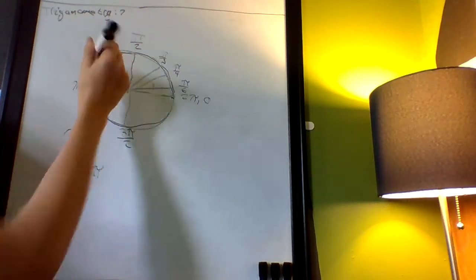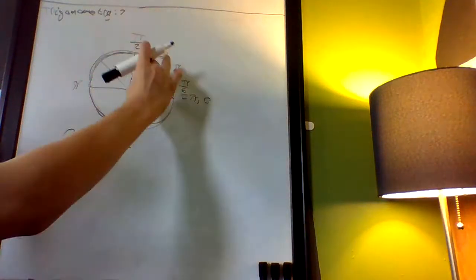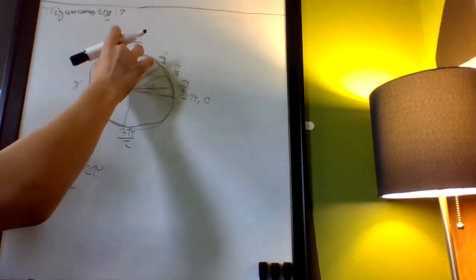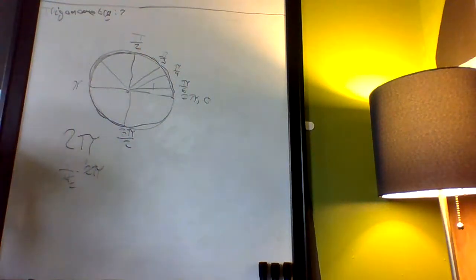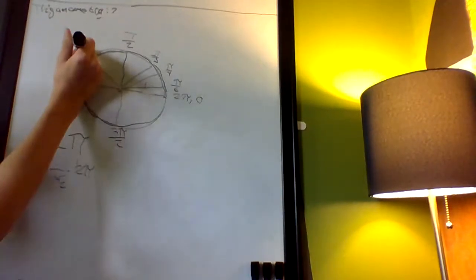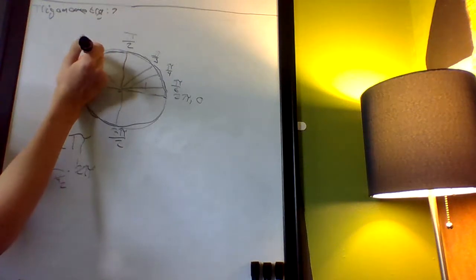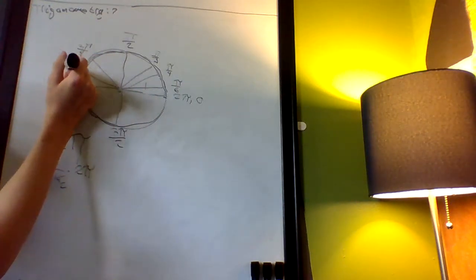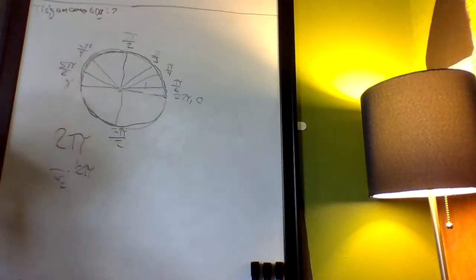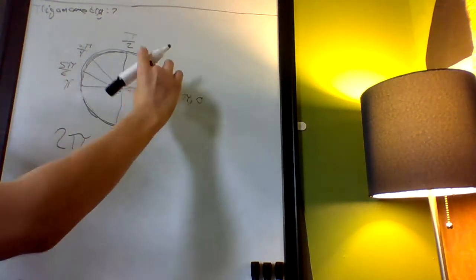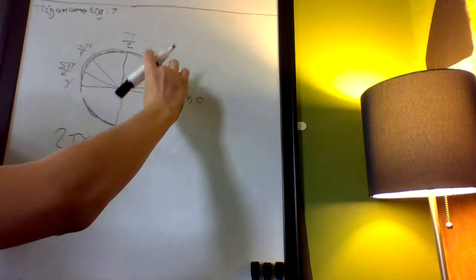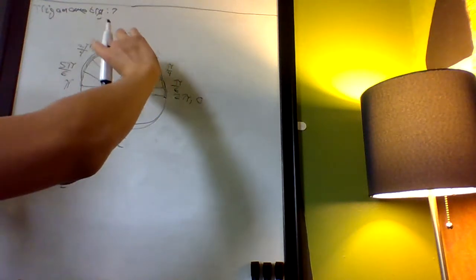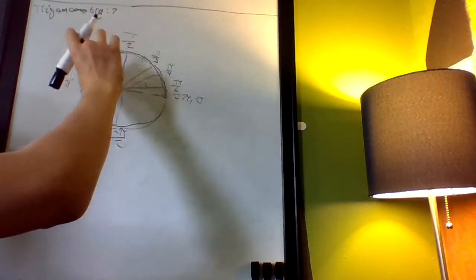Right here, divide that in half. Now we have a half and another half of pi on 2, so it's going to be 3 pi on 4. This right here turns out to be 5 pi on 6, because it's a 6th, then a 6th, then a 6th, then a 6th, then a 6th.